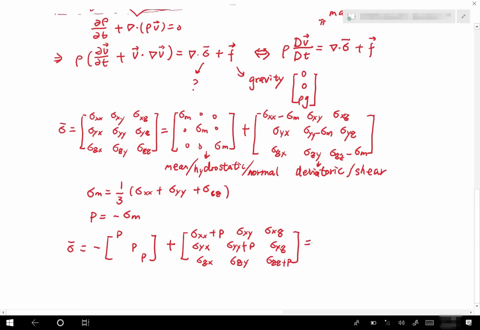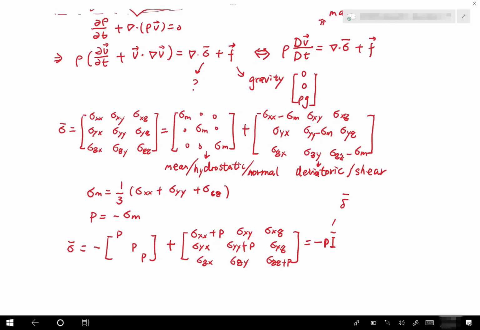And if we want to write this equation using the tensor notation, what is it going to look like? It's going to be negative P times, we need to use a unit matrix, right? This one or this one. Kronecker delta. You guys still remember this one?